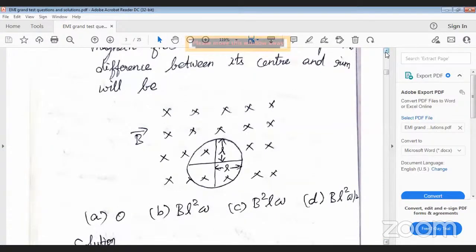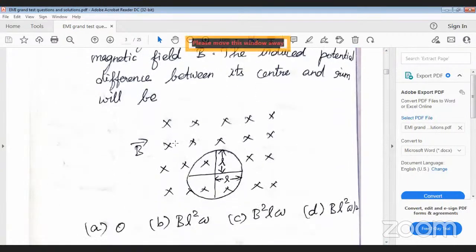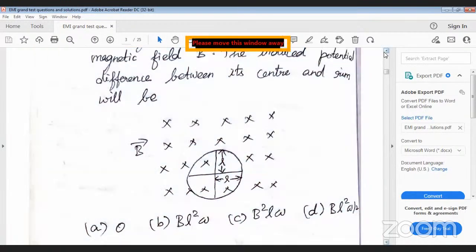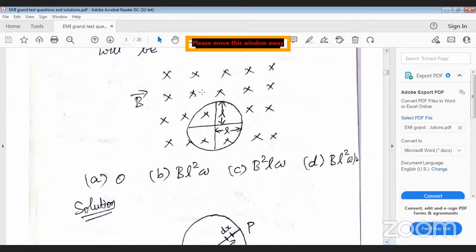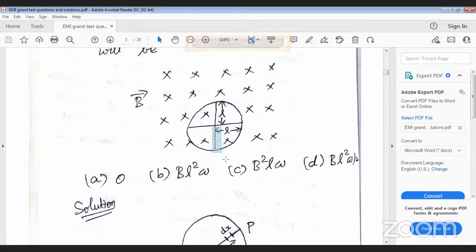What they are asking is, you have a conducting wheel. Wheel means circular shape, like this. This conducting wheel has 4 rods of length L. This is one rod, this is another rod, and this is another rod.